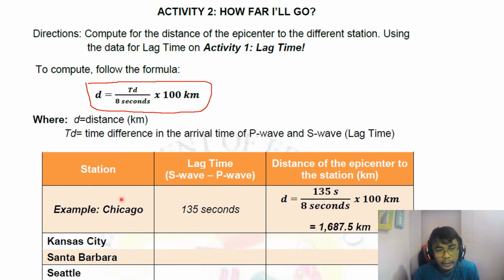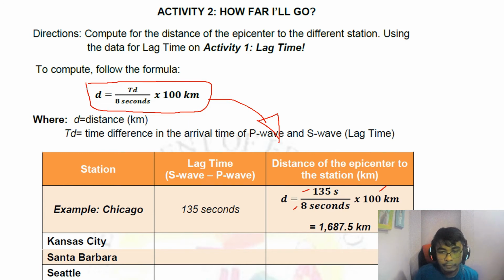Okay? So, how do we get the distance of the Chicago as one of our stations? Okay? So, again, we try to use this formula. So, time difference, nakuha na natin to kanina, and that is also the lag time, and that is 135. Okay? So, yung 8 seconds, nandyan na yun sa formula, yung 100 nandyan na. So, yung lag time or yung time difference, i-divide ng 8 times 100, yun yung distance in terms of kilometer po.